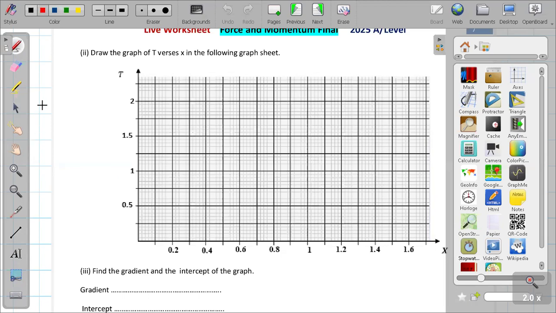The first one is 0.1 on the X axis, and 0.5 on T, somewhere like here.